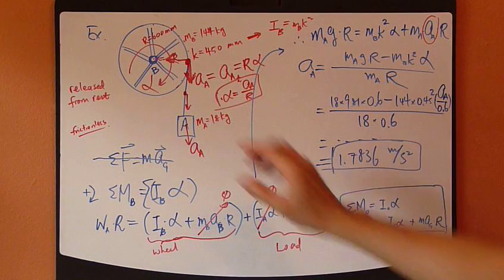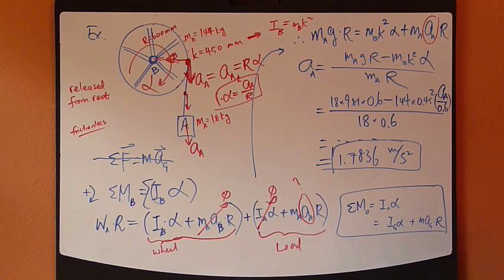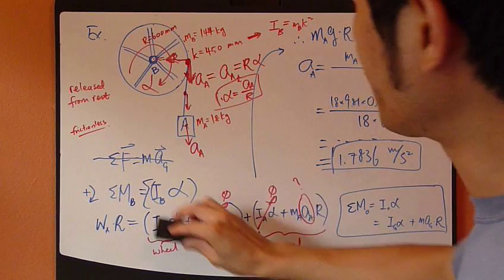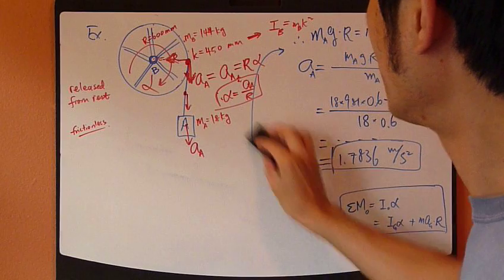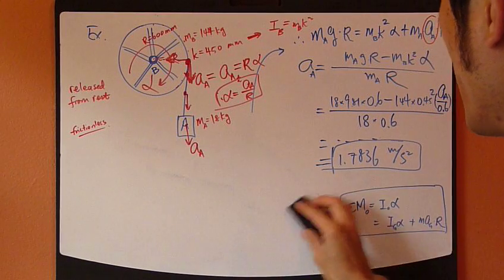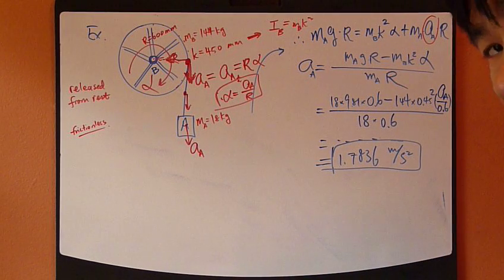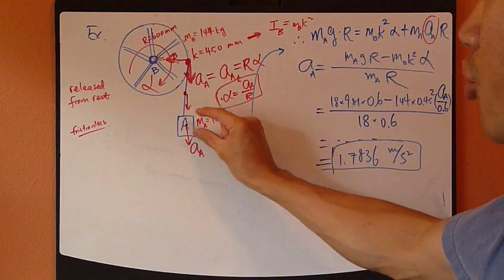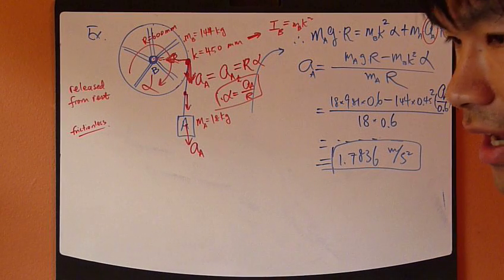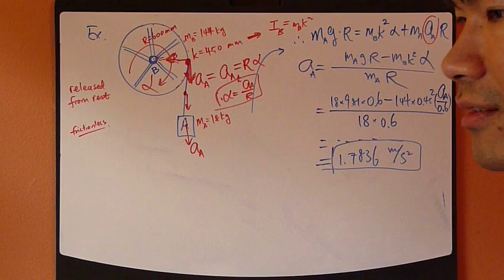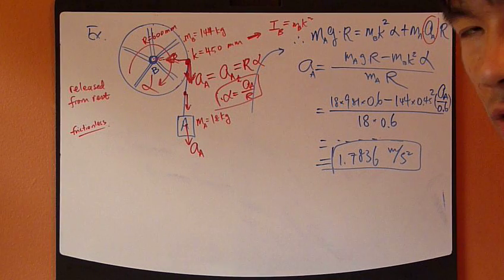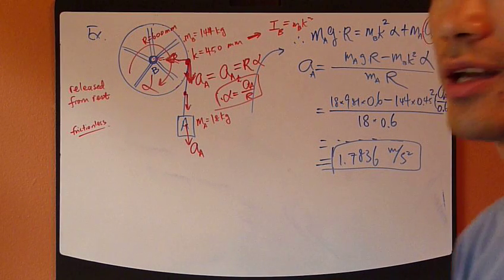Now it has this acceleration, so you might be asked to find, for example, the velocity of this load after some time, or after it has traveled a certain distance. In that case, just bring in the very first chapter of the semester, which is kinematics.